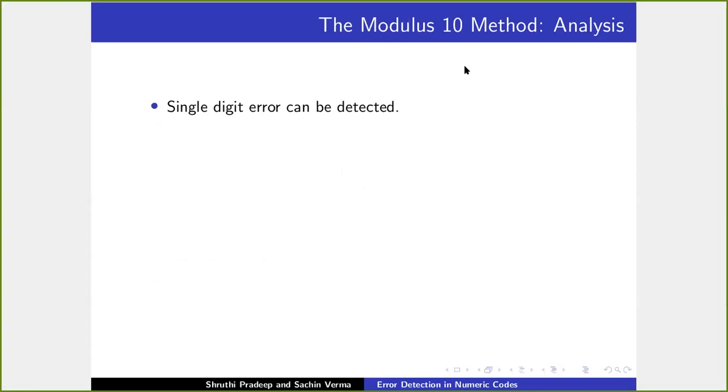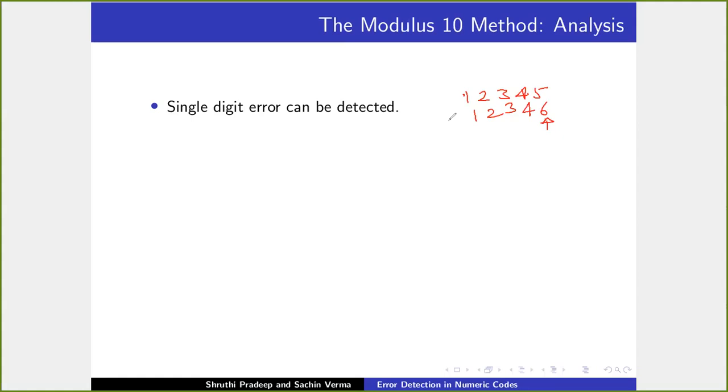Now there are 6 errors which Shruti has told us. The first of them is the single digit error. Instead of 1 2 3 4 5, I may just make a mistake and write 1 2 3 4 6 or something else. It is not necessary that this should be only here; it can be any of these ai.